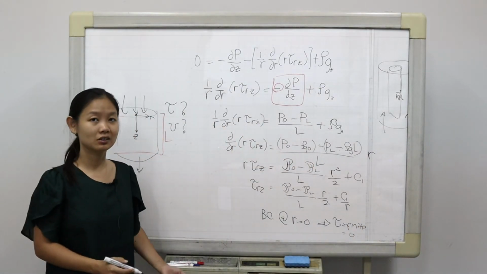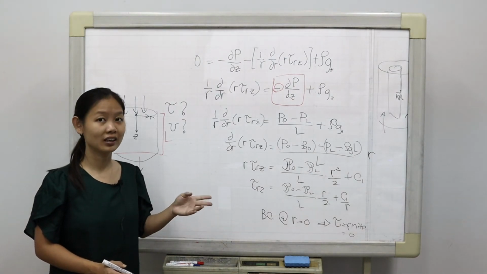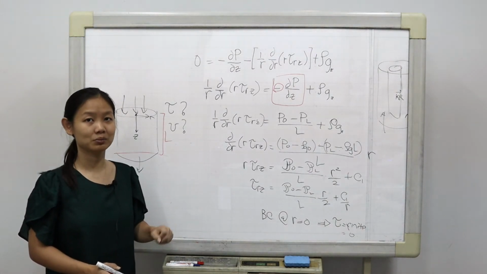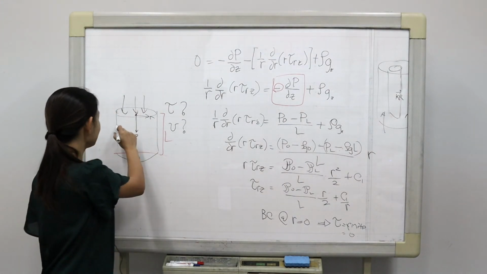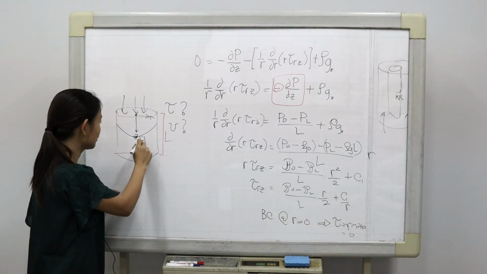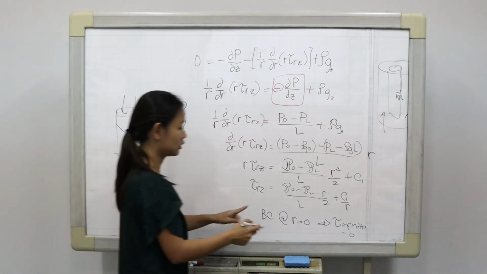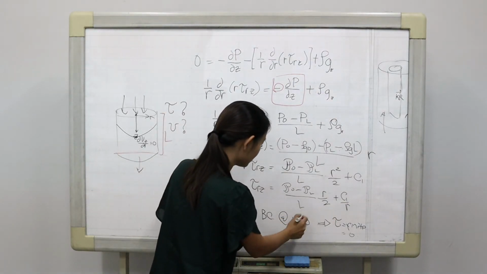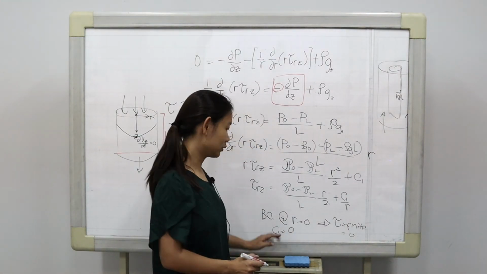Why tau is 0? Because dou Vz over dou R at this maximum velocity is 0, extreme point. So the tau should be 0. This will give you constant 1 equal to 0.